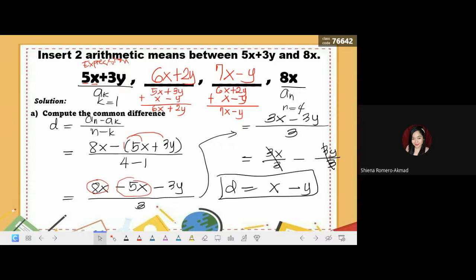O naintindihan nyo na paano naging ganito, paano naging ganon? Ay, mali. Ano bang gamit ko dito ang account?